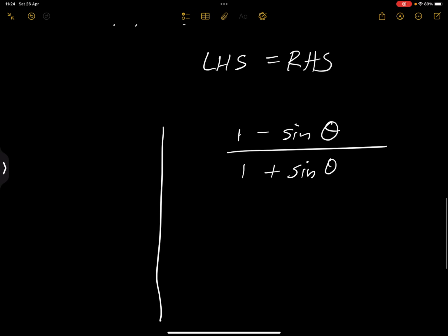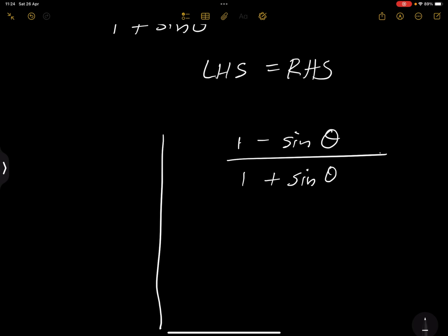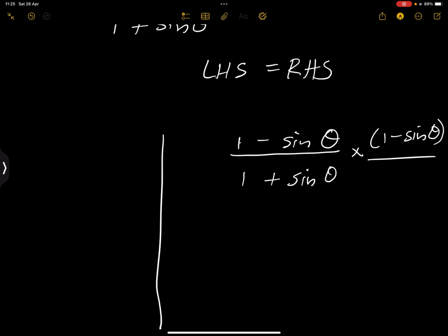So I can do that again by simply multiplying. I just want to have a bit of space. I can multiply there by 1 minus sine theta, and I can divide by 1 minus sine theta, so that it is seen as multiplying by 1, in this case.